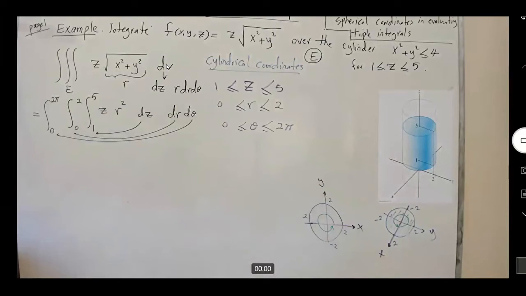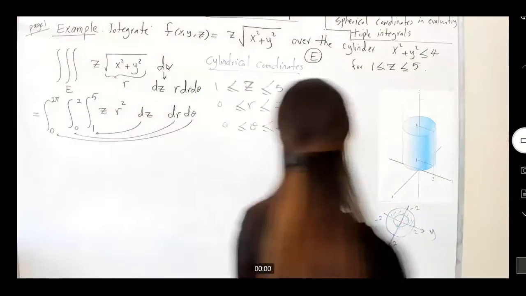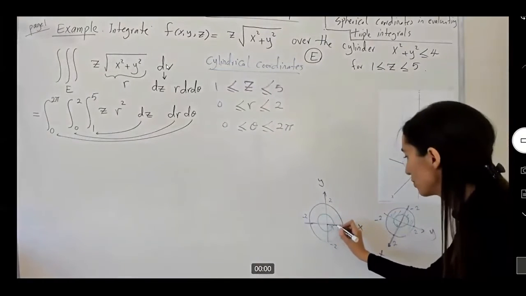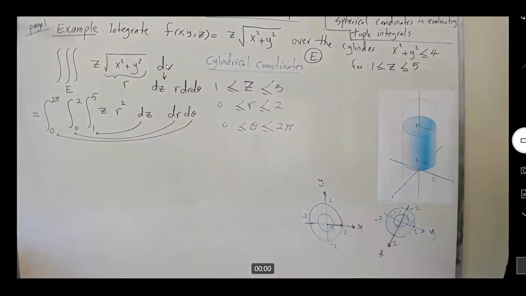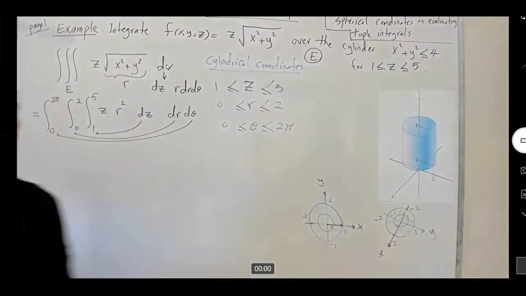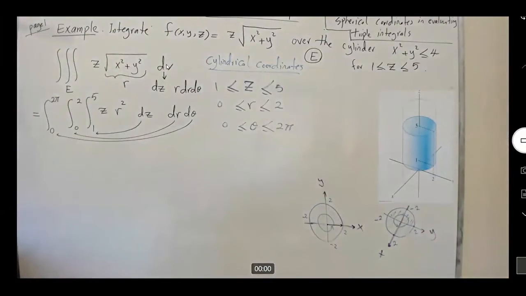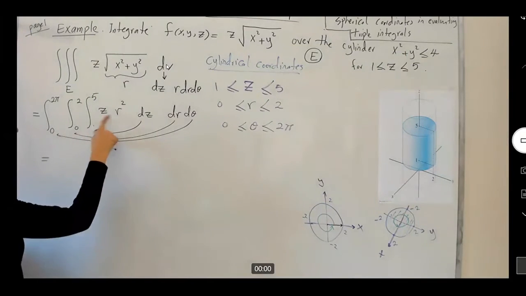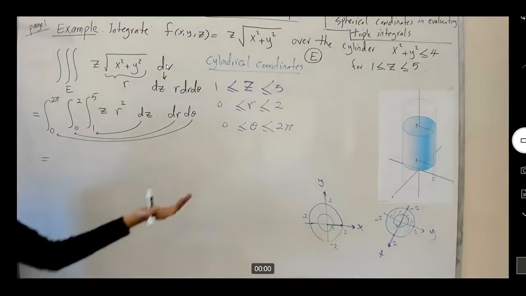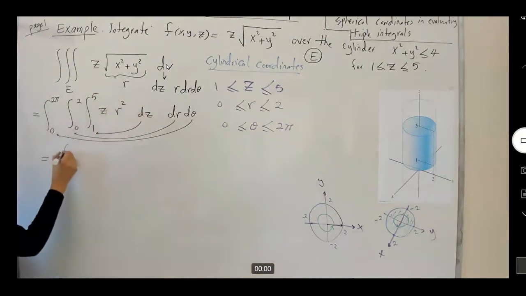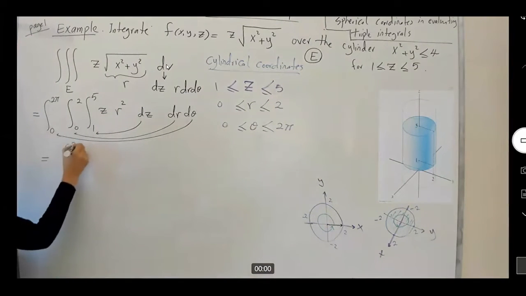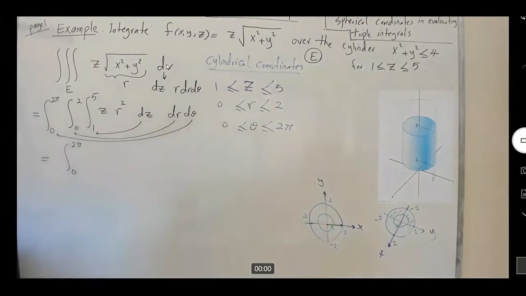r is the radius. Your radius ranges between 0 and 2. This is your radius. Perfect. Since you have fixed boundaries, and here you have z times r squared, we can separate them. We can calculate each of these integrals separately and multiply the outcomes.